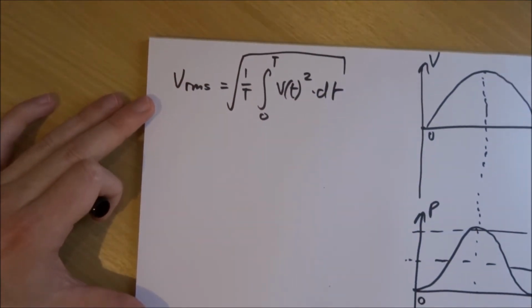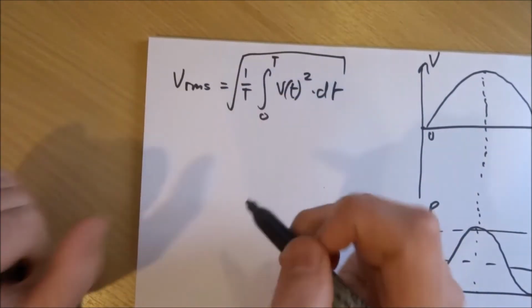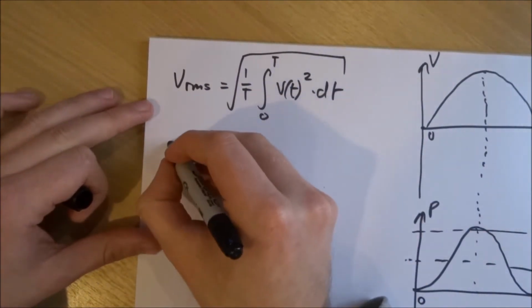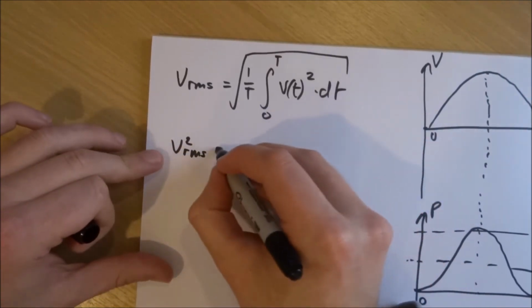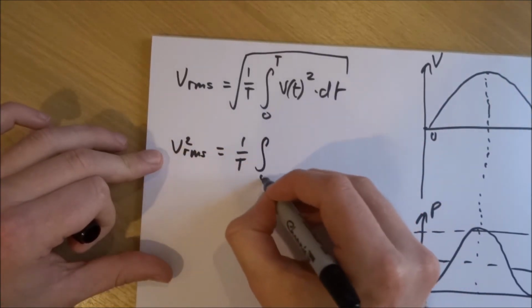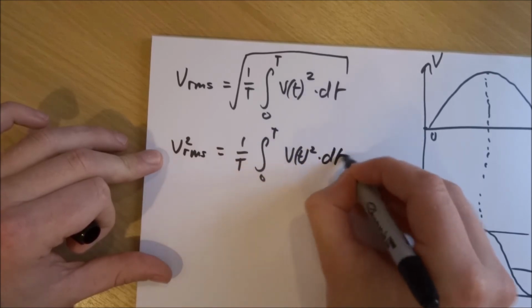I will take the square root over to the other side, so I don't have to keep writing it down every time. So I square both sides, and we end up with 1 over T times the integral of v of t squared dt.